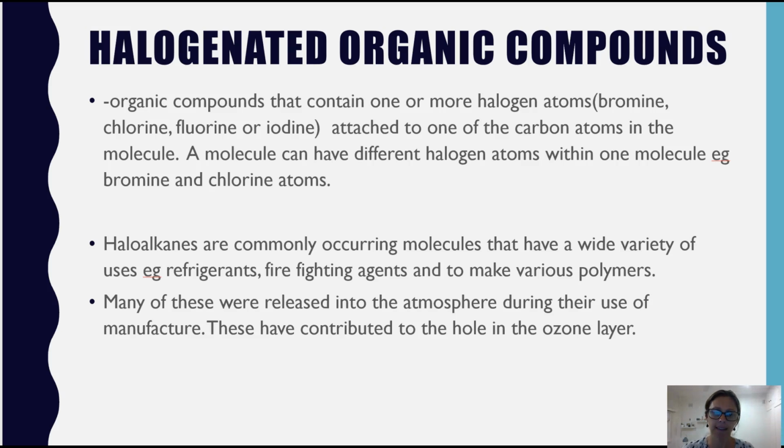So what does that mean? It's an organic compound that simply has a halogen, one of those group 7 atoms, attached to one of the carbon atoms in the molecule. Sometimes they can have more than one, so it could have a chlorine and a fluorine. Depending on what you get is what you've got to deal with.